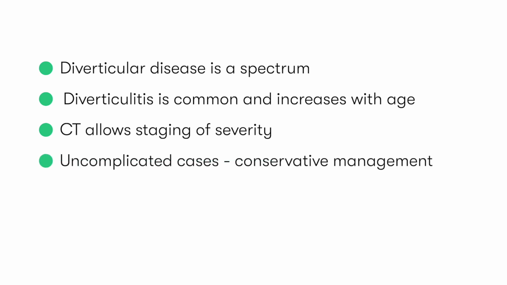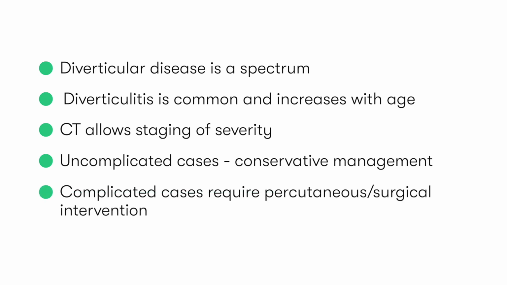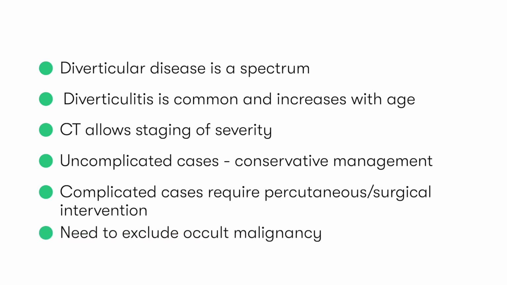In uncomplicated cases, we can usually manage these patients conservatively or non-operatively. However, complicated cases often require percutaneous drainage or surgical intervention. And finally, remember that in those patients who are successfully managed with non-operative methods, they need to be followed up with outpatient investigations to make sure that we completely exclude an occult malignancy.